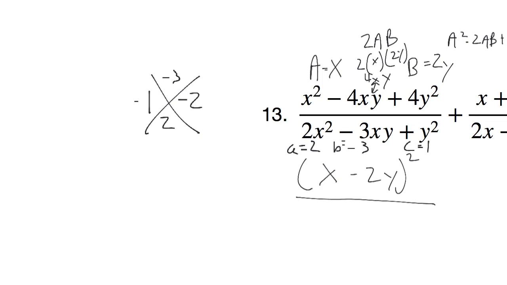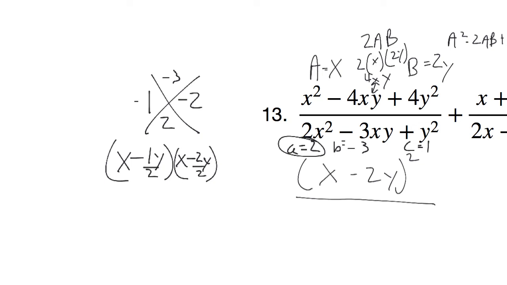So that means we can write x minus 1y and x minus 2y. Because it's bottoms up, we're going to take the a value and put it over here, over 2, over 2. This cancels, and this goes up here, so we have 2x minus 1y and x minus 1y.